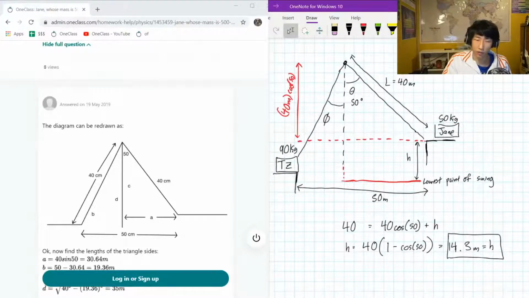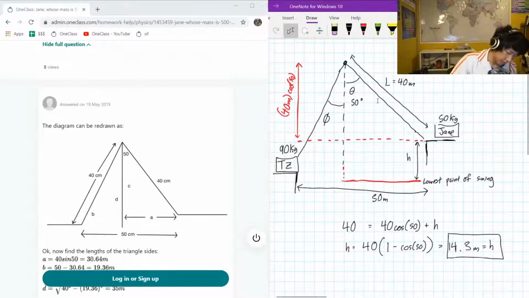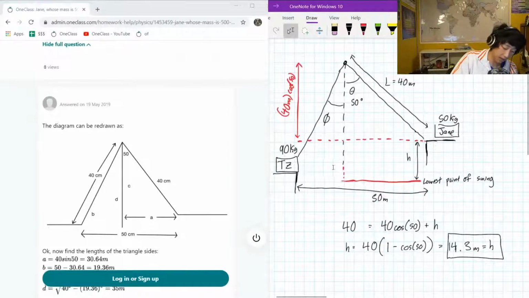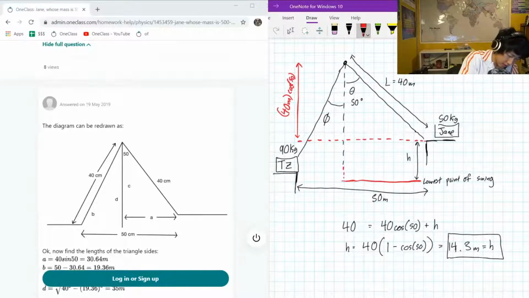Okay, so we're going to follow the same procedure on the other side to find this angle right here, because that's going to be quite important. We need to know not just the distance between them and the ground, but between them and the lowest point. So maybe I'll do that in a different color. Let's do green.